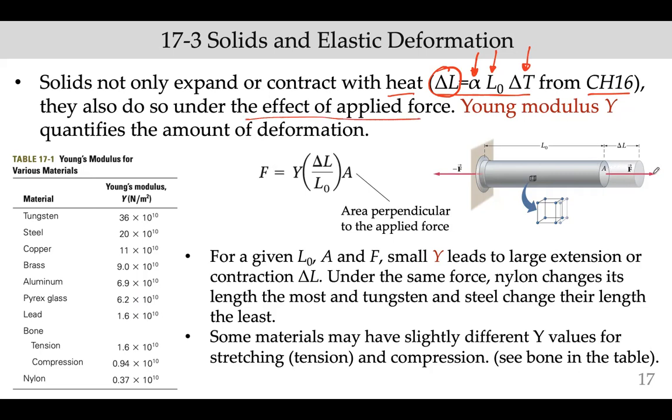So if you pull this iron, or any other object, then what will happen is, if you think of its microscopic structure, it's basically a crystal. If this is iron, it has iron atoms like this.